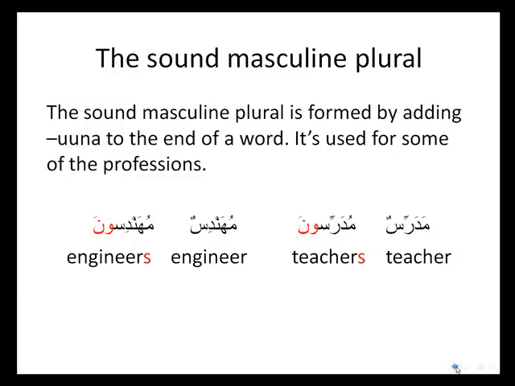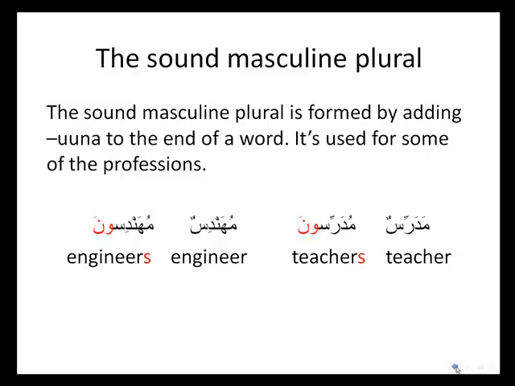The masculine form is used often for professions, like we have here, teacher and engineer. It's formed by adding waw noon at the end of the word. And here the waw is pronounced as a U. So mudarrisun, a male teacher, becomes mudarrisuna, many teachers.